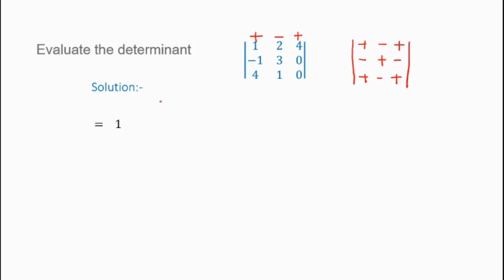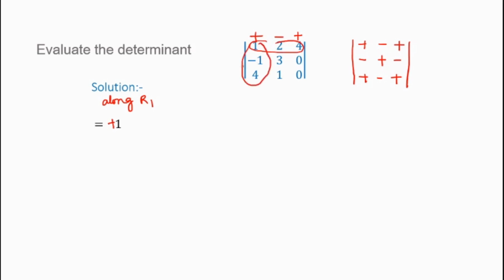Now here we have expanded along R1, the first row. For the first row element 1, the associated sign is plus. So 1 into the determinant obtained by deleting the elements of the first row and the first column.